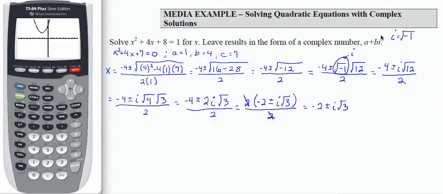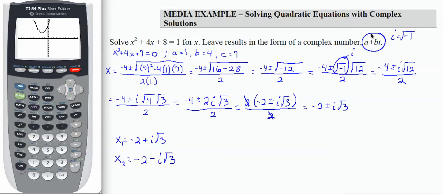However, we were asked to write our solutions in this very particular form, which is the form of a complex number. So I have two solutions. I have x equals negative 2 plus i times the square root of 3. And we can even say that's x1 if we want to, and x2 is negative 2 minus i times the square root of 3.